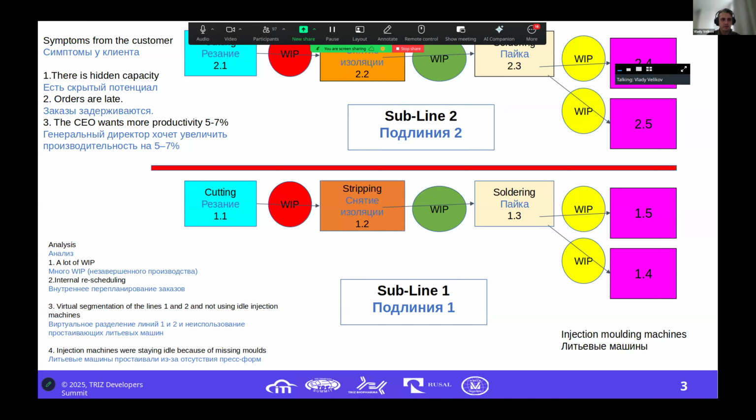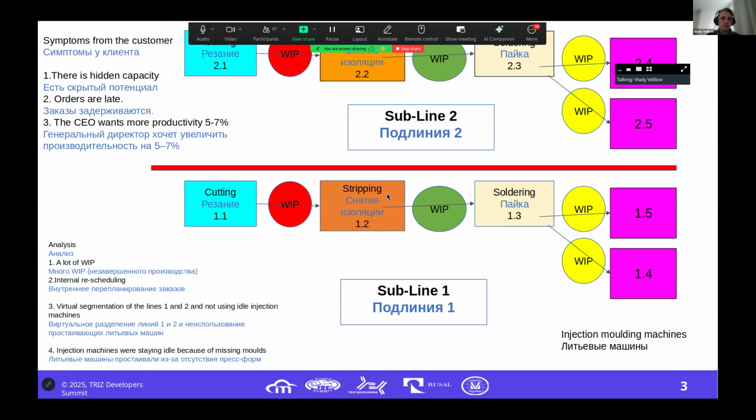This is a very fast machine. After that, they have this WIP, work in progress. So a lot of cut pieces of cables waiting for the next operation.